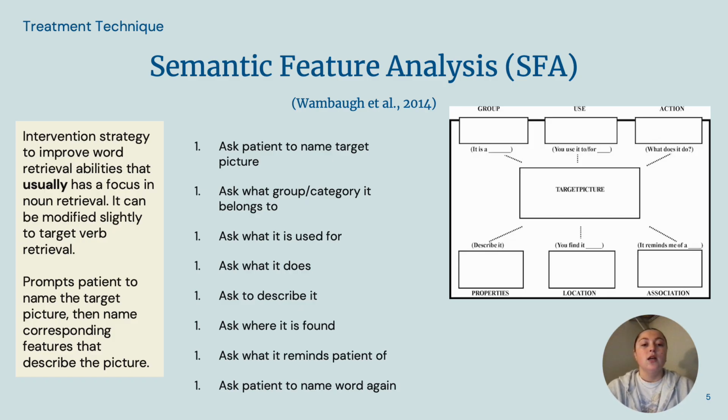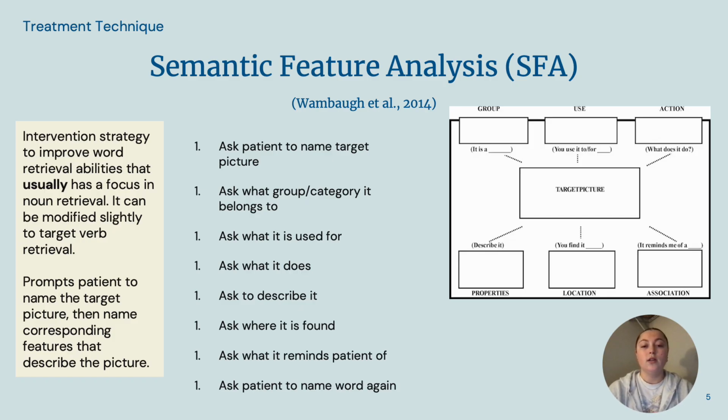SFA prompts the patient to name the target picture in front of them, then name corresponding features that describe the picture. First you'll ask the patient to name the target picture, then you'll ask what category or group the thing in the picture belongs in.